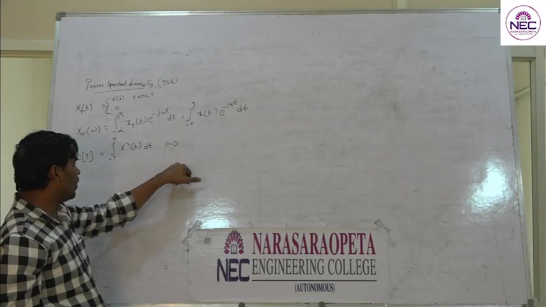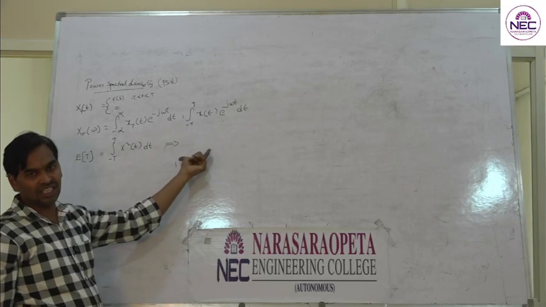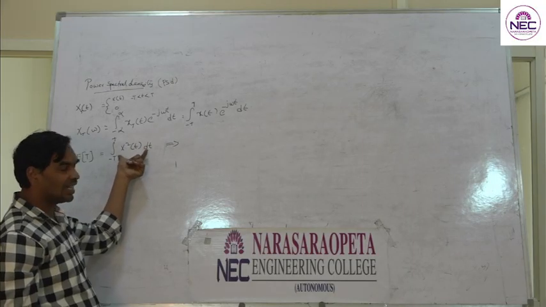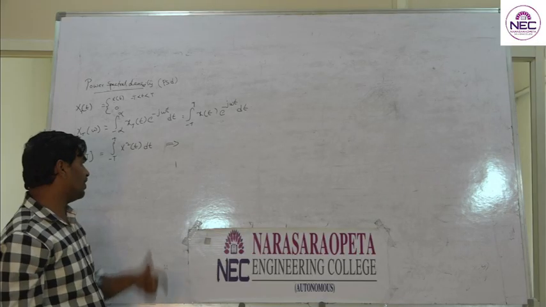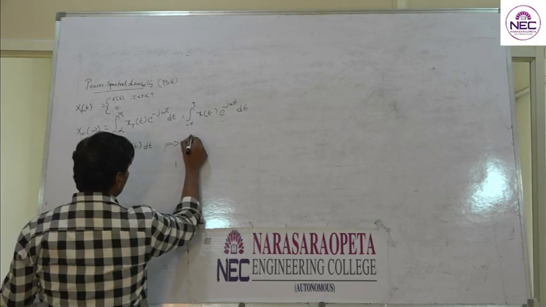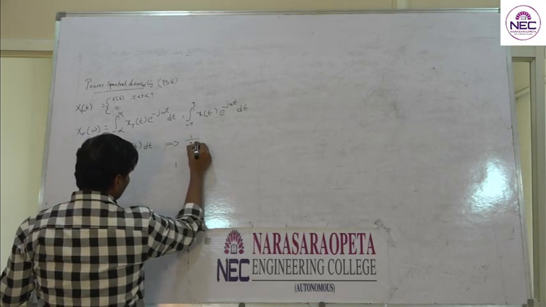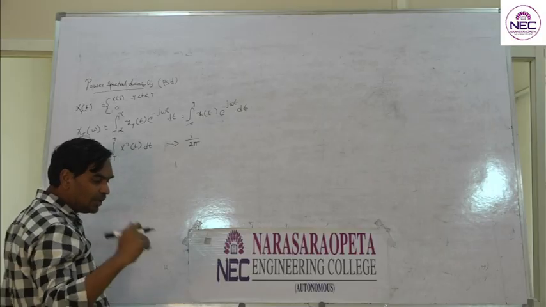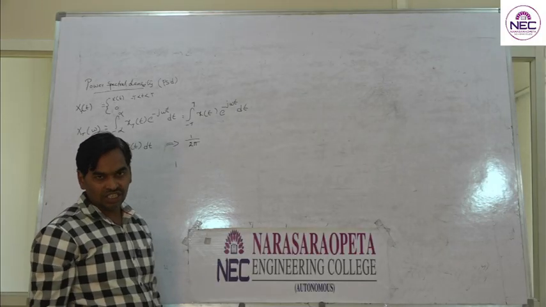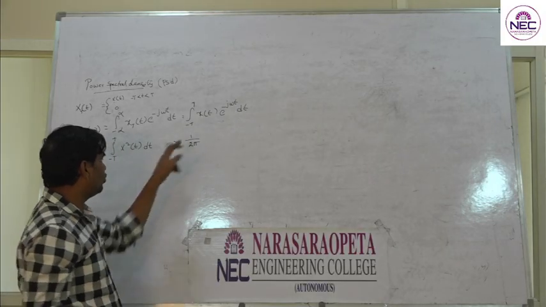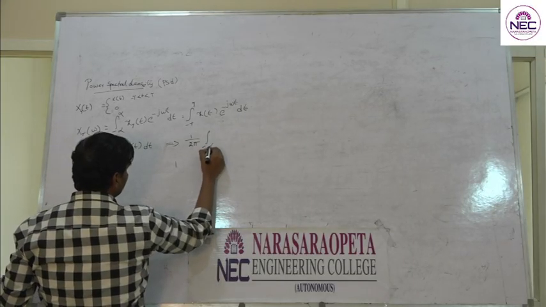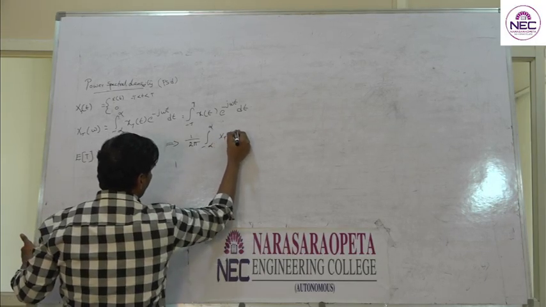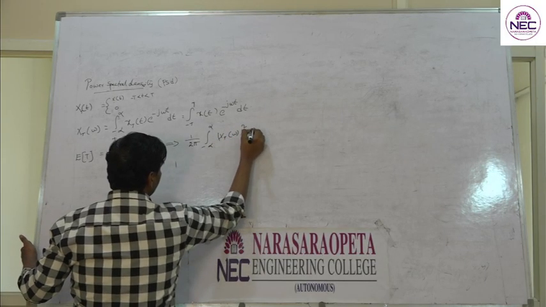So by using Parseval's theorem, I convert this time function into a frequency function: 1 by 2 pi integral from minus infinity to infinity of the magnitude of XT of omega whole square d omega.